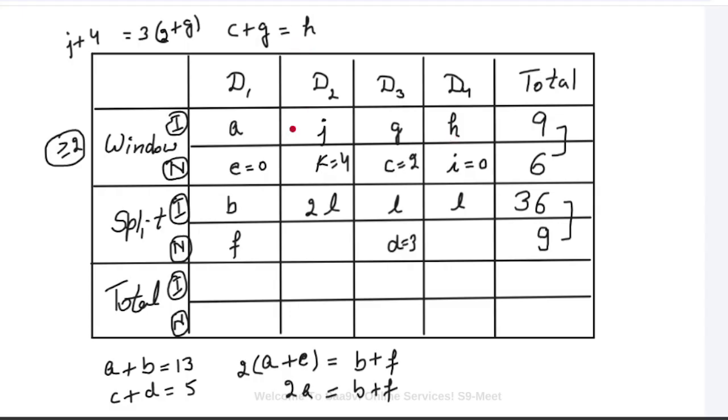Now let's solve this. We know C is 2. So in this equation, we know that D has to be 3. Okay, that we have also done. So let's rub this also. C plus D is 3, it's already done.